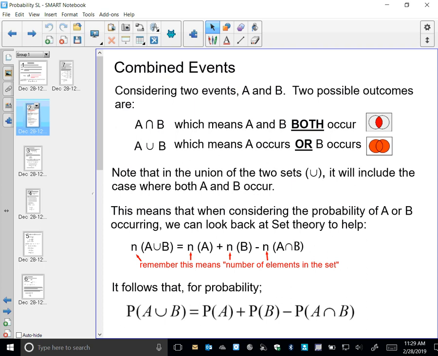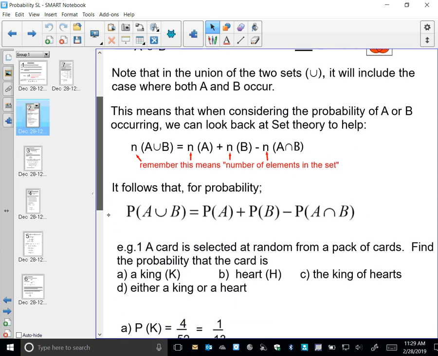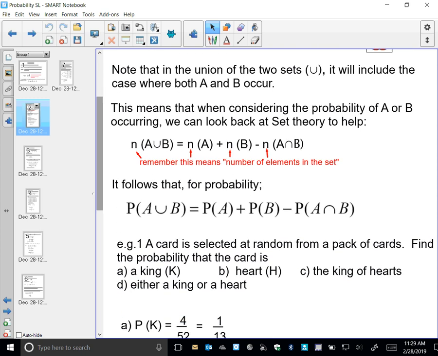Considering the probability of A or B occurring, we see the n. Remember the n means the number of elements in that set. Is this all familiar? So the number of things in the union would be the number of things in A plus the number of things in B. But why do we have to subtract this? Because you've already included it, yeah?